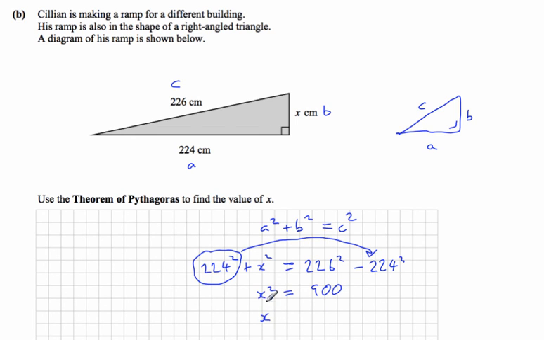Well then, if x squared is 900, x is the square root of 900. If we do the square root of 900 on our calculator, we get 30. So x is 30. That's in centimeters. And that's the end of the question, number 11.